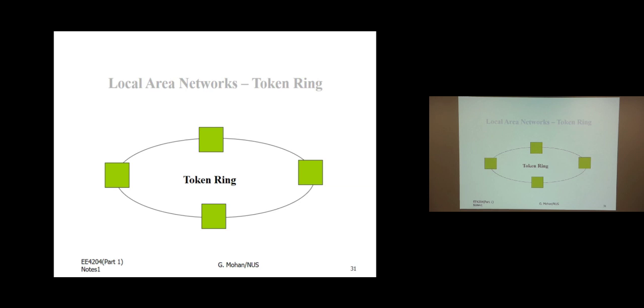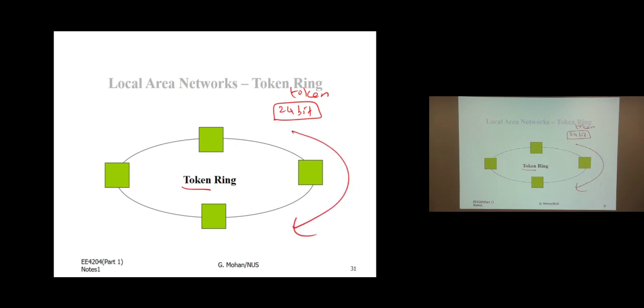So the idea is simple. There is a token. A token is a 24-bit special packet. It's a 24-bit data, a special bit pattern. Okay, so that small piece of data or packet will be circulating around the ring.